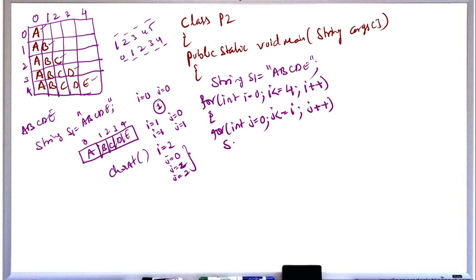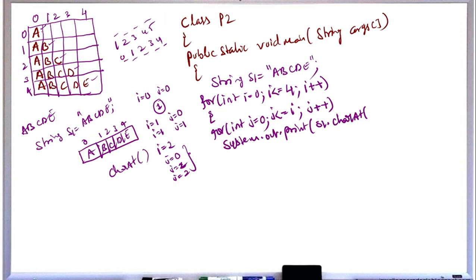So here System.out.print we are printing. Now we have to extract a character from string 1. So now s1.charAt, here this value a b c d e, here you have to give, for example, j.